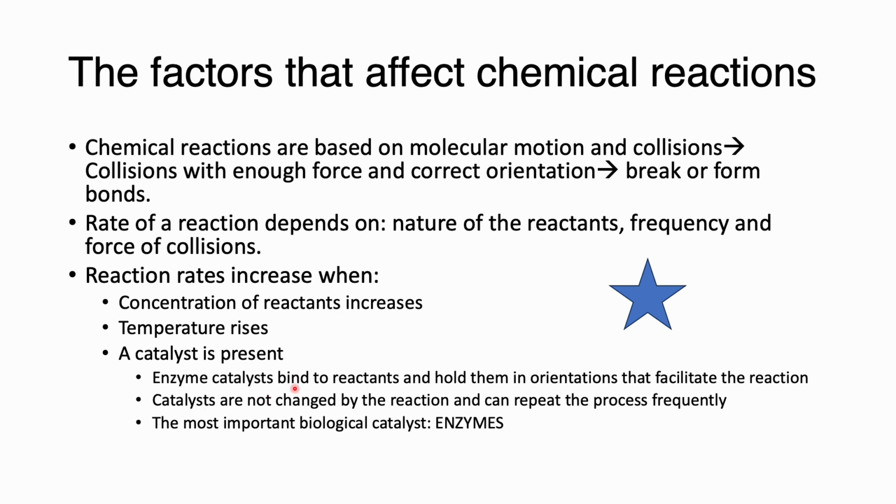The catalysts are not changed. And the most important biological catalysts in our body are our enzymes. We saw an enzyme earlier with CO2 and water giving us carbonic acid, and that enzyme was carbonic anhydrase.